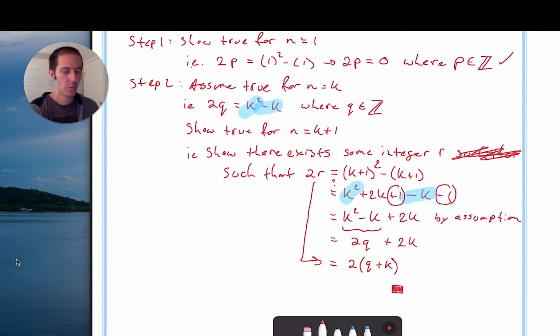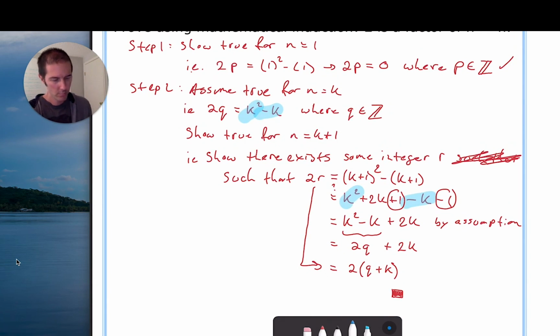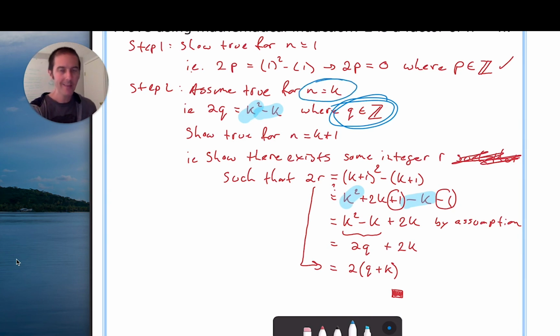What's q? It's an integer. And what's k? Do we have a note about what k is? Oh, k has to be an integer because n is an integer, right?